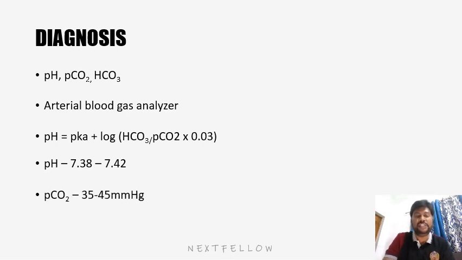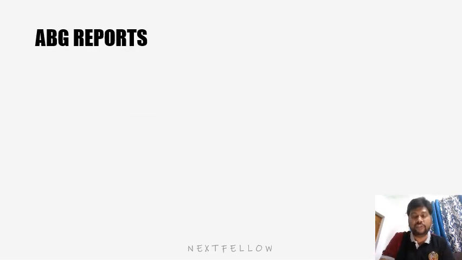Next, normal PCO2 is between 35 to 45 millimeter mercury, whereas normal bicarbonate level is between 22 to 26 millimoles per liter or milliequivalents per liter. So this is the normal value. Now we will see how to interpret the various ABG reports with the help of these parameters.